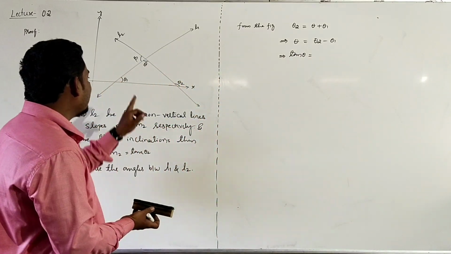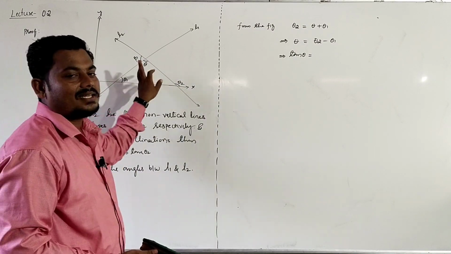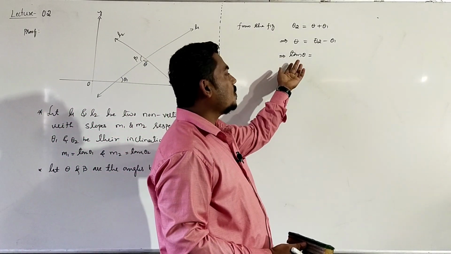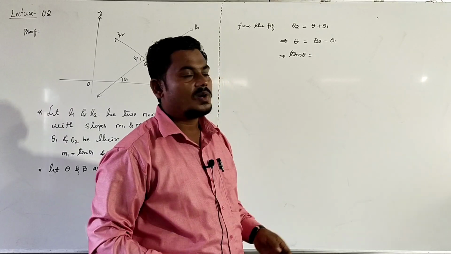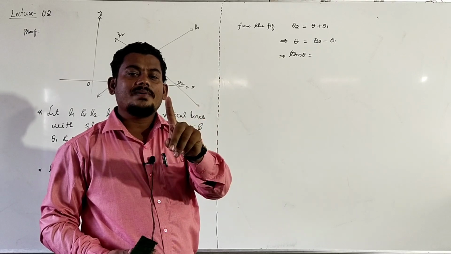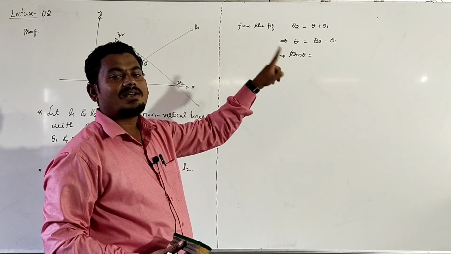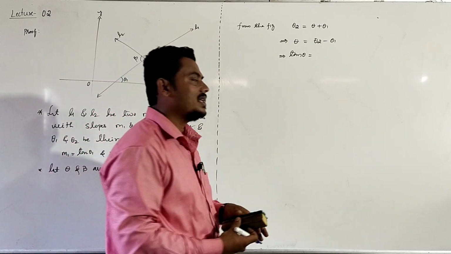In this case, theta 1 and theta 2 are inclinations, but theta is not inclination. Hence, in this case, no need to take the m value. Don't confuse with tan theta. Tan theta is equal to m only when theta is inclination. In this case, tan theta is not slope, because theta is not the inclination of the line.